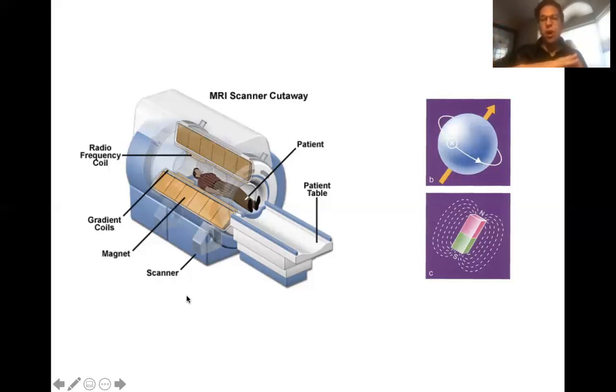Then when you turn the pulse off, that energy will be sent back out. That phenomenon is called magnetic resonance.